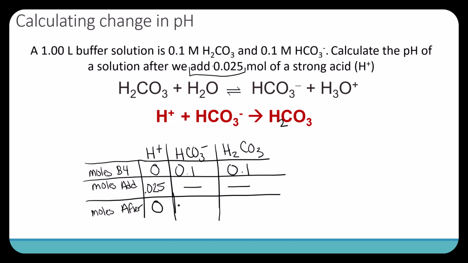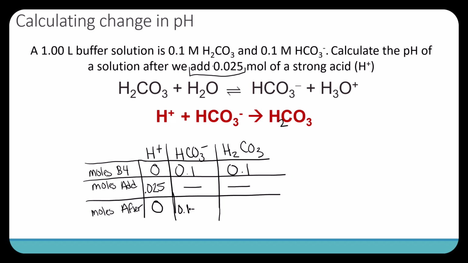So for the conjugate base, we started with 0.1. Remember that conjugate base is consuming the strong acid. So the amount of conjugate base is going to go down because we're using it to neutralize that strong acid.